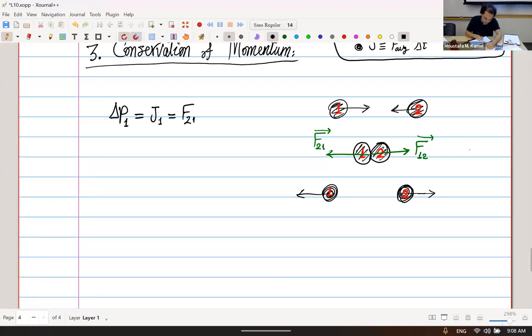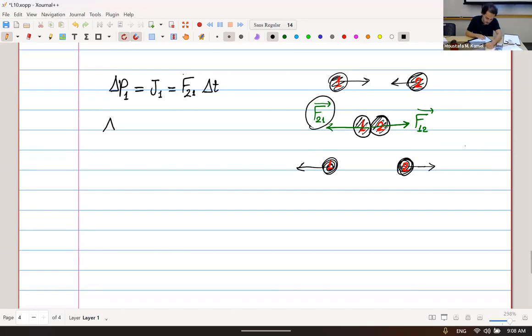We call that F21, which is this force, times delta t. And the change in momentum for object 2, J2, equals F12 delta t.